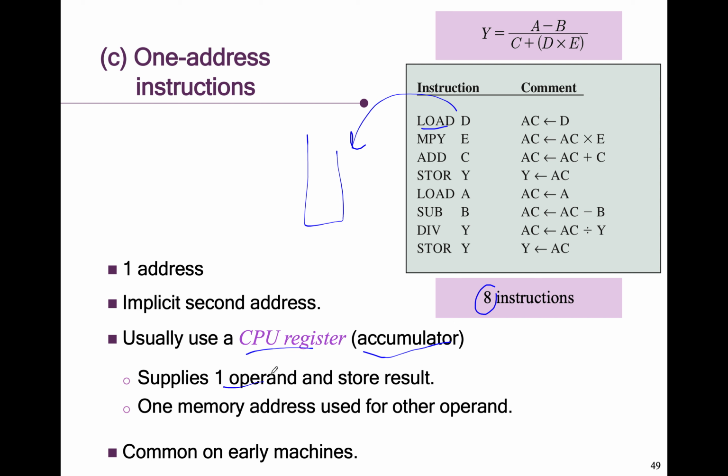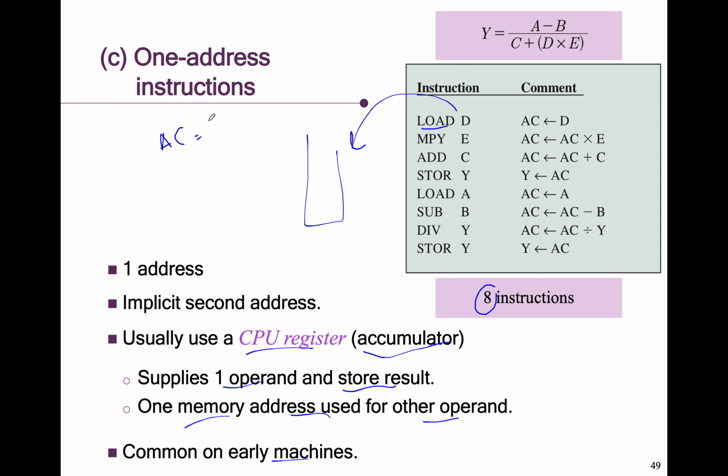So supply one operand and store result. One memory address used for other operand, commonly early machines. So you have D now. Let's say in this example, we store it at the AC.